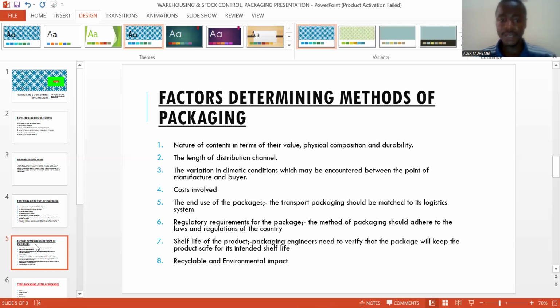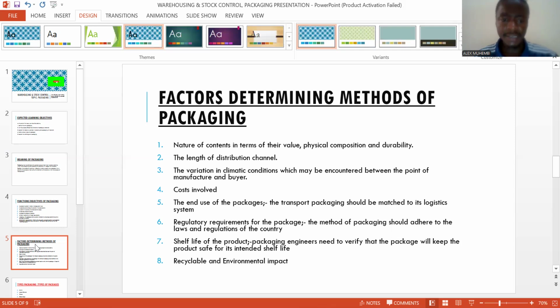Another important factor is the cost involved. Now, in most cases, people tend to go for the less costly method. So we are talking about the cost involved. Can you be able to manage the cost? So that is a factor to consider.